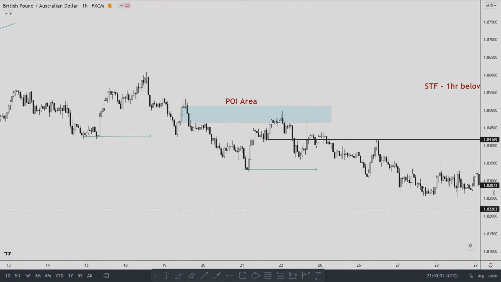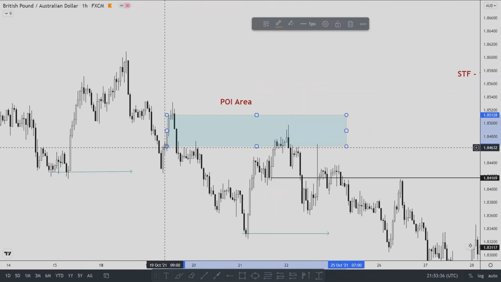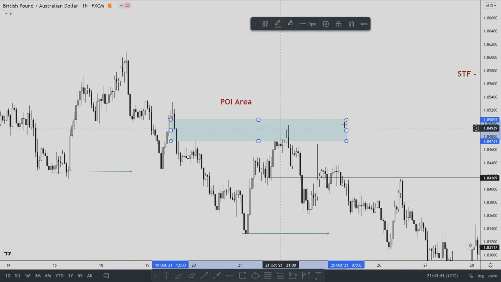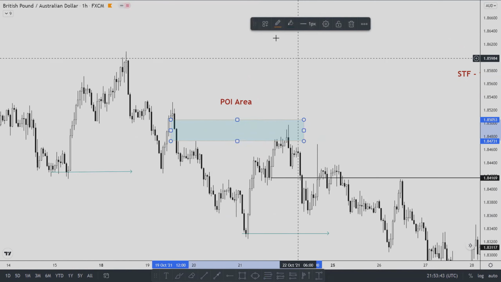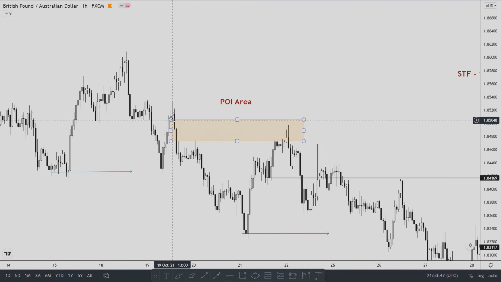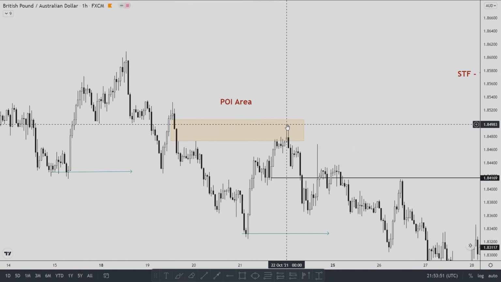So getting a clearer picture of what's going on, I can see in that point of interest area, we have an imbalance here. Gonna add that imbalance filter right there. So in this area here, we have an imbalance, and this is where price retraces to.